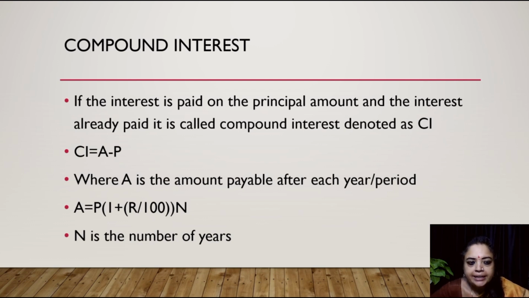CI is calculated as A minus P, where A is the amount that is payable after each year or each period, and A is denoted as P into (1 plus R by 100) the whole raised to N, where N is the number of years. This is how we calculate the compound interest.